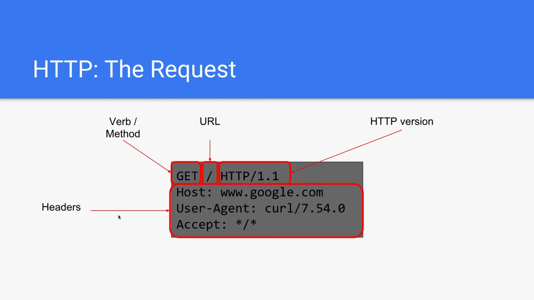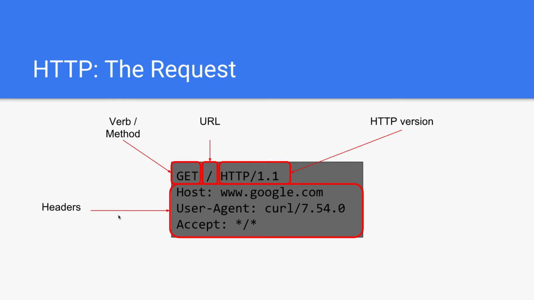After the header line, we can have some headers. And these headers will give more metadata about the request. It can say, what user agent am I using? In this case, I used a command line web browser called curl. It will also say what sorts of content can be accepted by this browser. Curl can accept anything that the web sends it back. So it says I accept any type of content. It also is saying which host am I targeting.